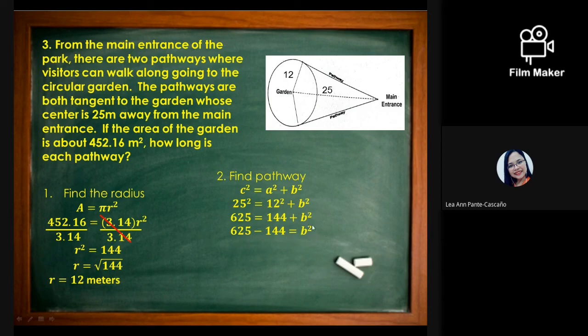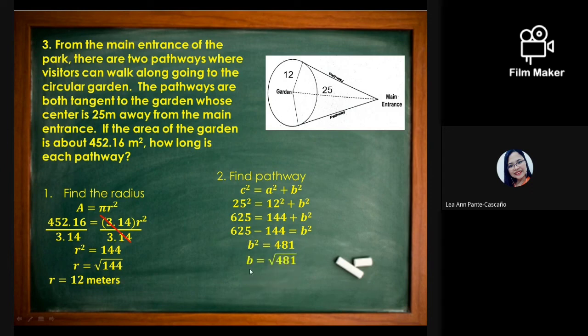So, si B squared na lang ang natitira. So, you have now B squared equal to 625 minus 144 is equal to 481. Then, since meron ka ulit ditong squared, you need to get the square root of the number on the right side, para lang matanggal yung ating square dito. So, you have square root here. Kung ano yung ginawa sa left side, yun din ang gagawin sa right side.